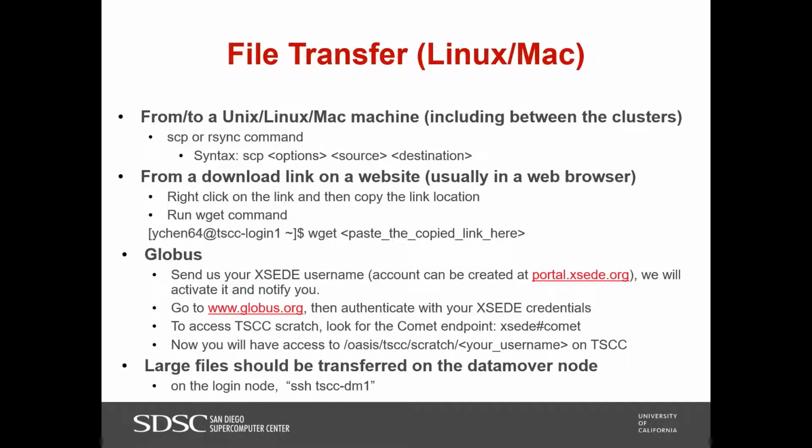You type wget, then copy and paste your link after the wget command, and hit enter. The file contained in that download link can be downloaded to the TSCC directory. So that's the way you don't have to download it to your local machine first and then upload it to TSCC.